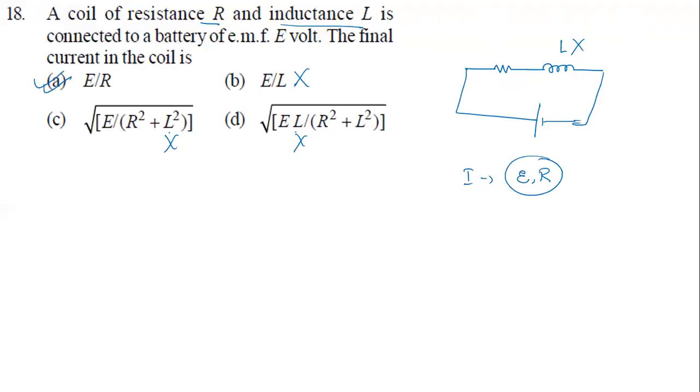It does not depend on the inductor, which means no need to go for calculation. The inductor should not be there. That's it. Here inductance is there, here also, here also. What's the point of discussing now, to derive the equation? Not required. It depends on only E and R, which means the final equation must contain only E and R. So this is our right answer.